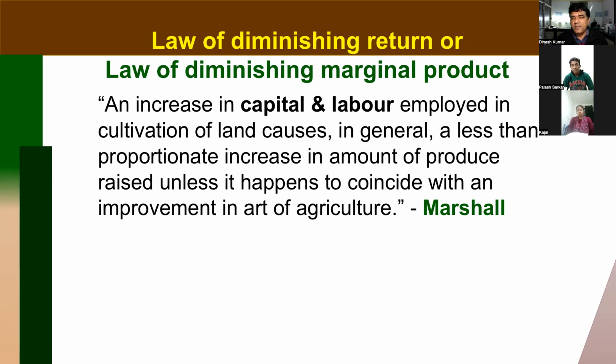If you go on increasing the number of units of this variable input, like your capital or labor, continuously, after a certain number of units you will see that marginal return starts falling. So such a law is your law of diminishing marginal product.